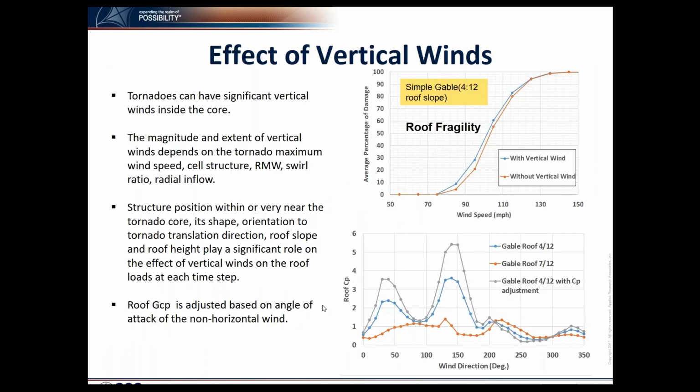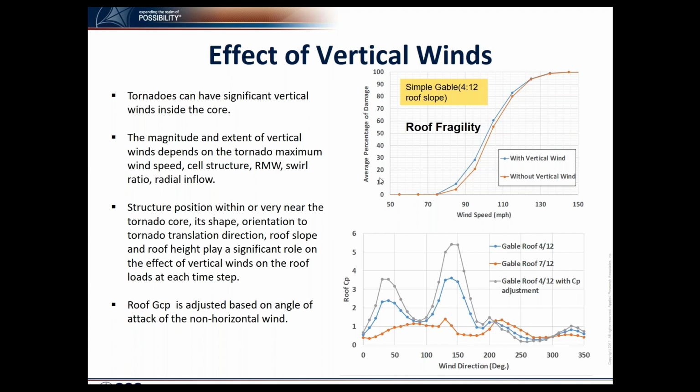We also consider the fact that the wind tunnel data are for the horizontal wind. Since in a tornado we have vertical winds and it makes the approaching wind non-horizontal, we consider that effect and adjust the wind pressure coefficient.